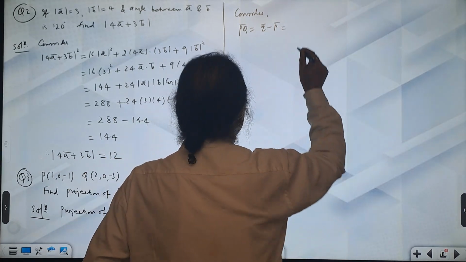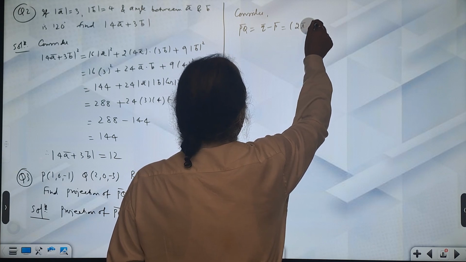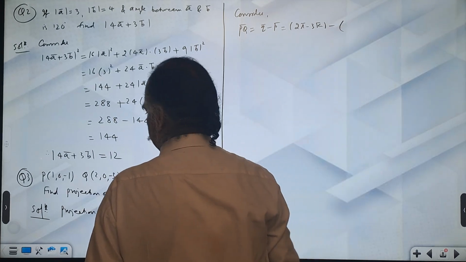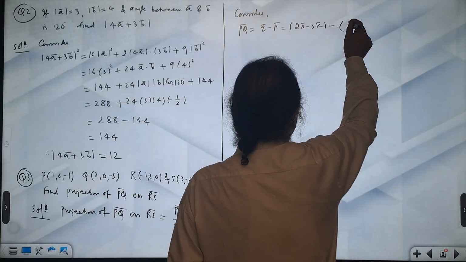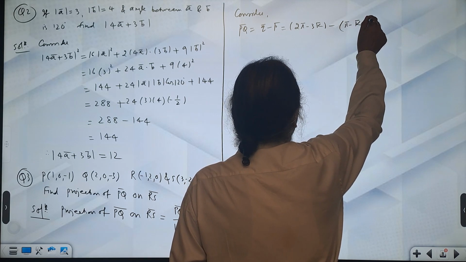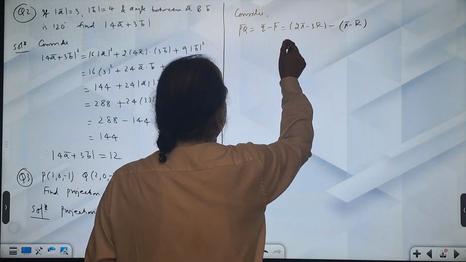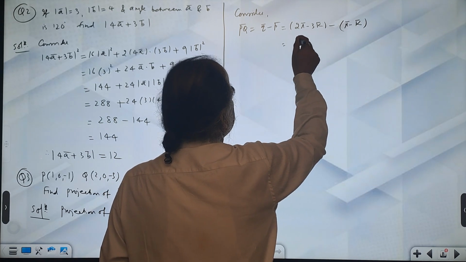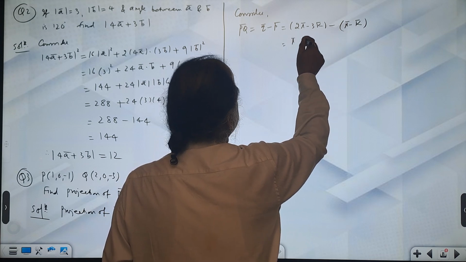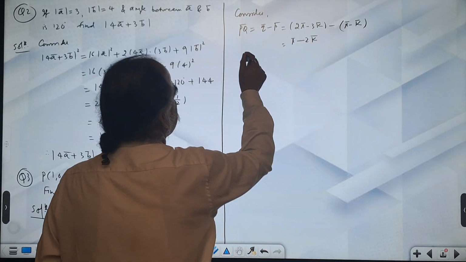Q bar is what? 2i minus 3k. Minus P bar is what? Minus i plus k. So 2i minus i is i bar, minus 3 plus 1 is minus 2k.